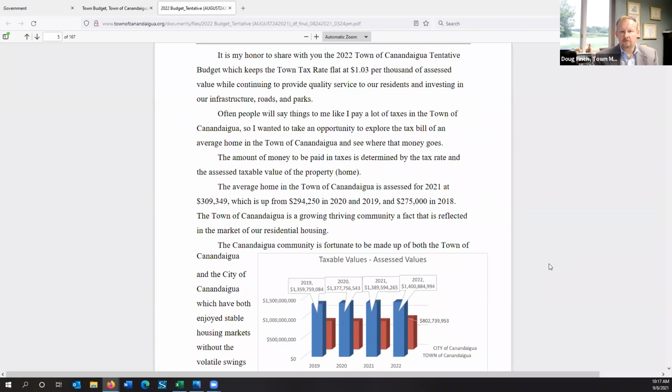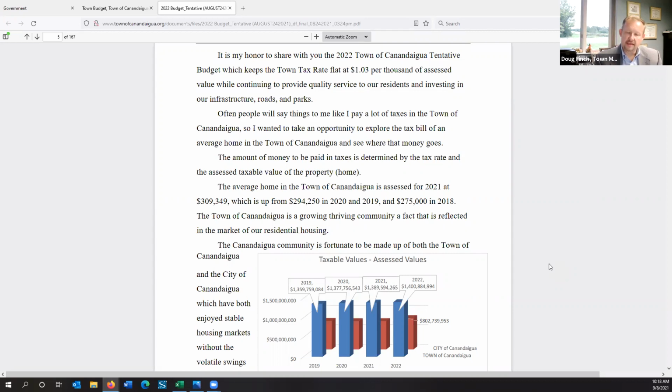Additionally, we look at a whole variety of factors as we're working on preparing the tentative budget to present to the town board. One of the things that I closely work with is not only our department heads and our finance people internally, but the assessor also, because we're monitoring what is happening with the market relative to the assessed values of the homes, because we have what is called ad valorem taxes. And that is the tax rate that we talk about often, the $1.03 per thousand that gets thrown out, or a tax rate per thousand.